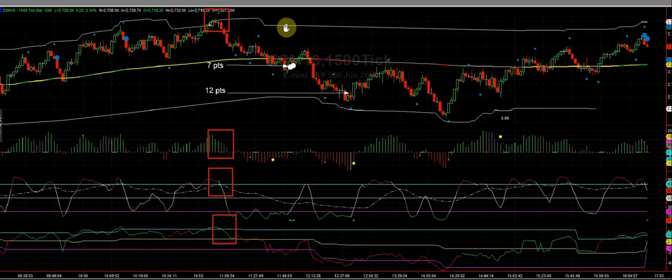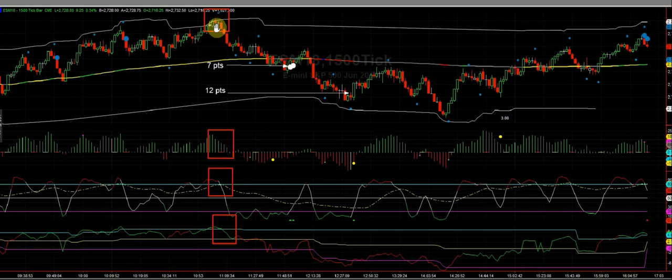And the way that they work is that when the price exceeds the band, then you can take a timing alert dot to, if it's above the bands, you can take it to the downside, and if it were below the bands, you'd take it to the upside. And so we see price exceeding the bands right here. We get a timing alert dot right here. And so we know that we can take a trade to the downside.